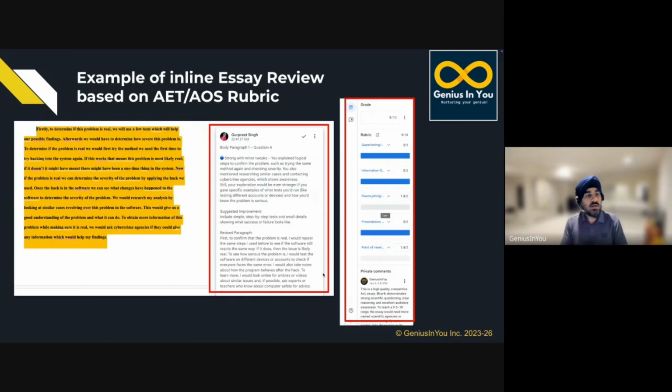Okay, so quickly, this is one example of how the comments look in the essay. This will be in Google Classroom. For example, this student has written the essay and I have given the comment, what worked well and what didn't go well. And on the right-hand side, you see the rubric. You see how much the student scored in each particular rubric.